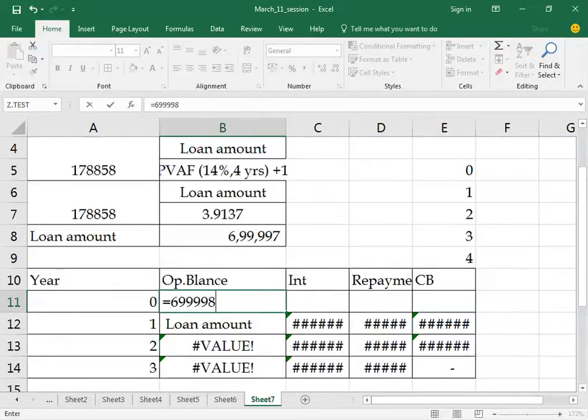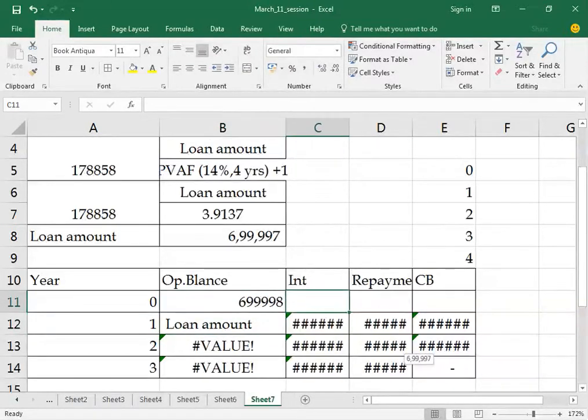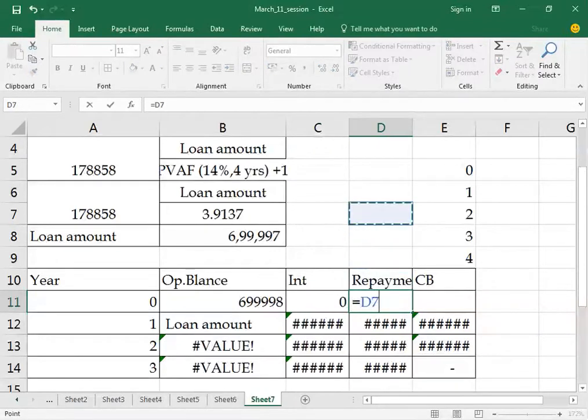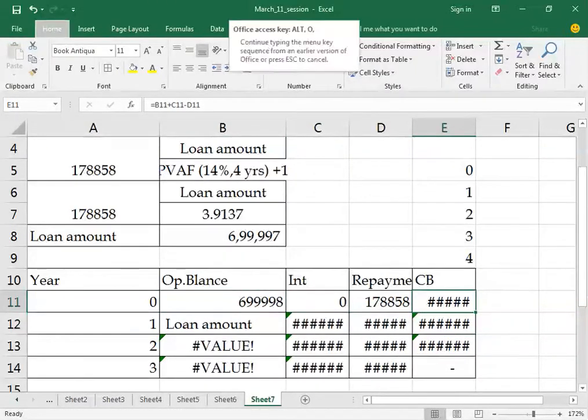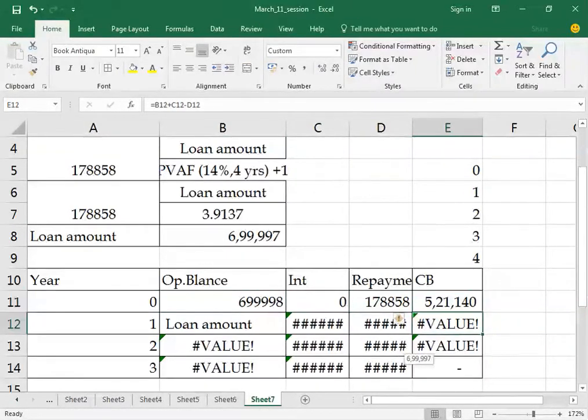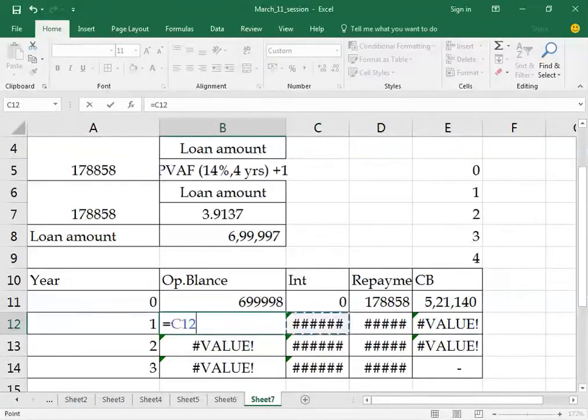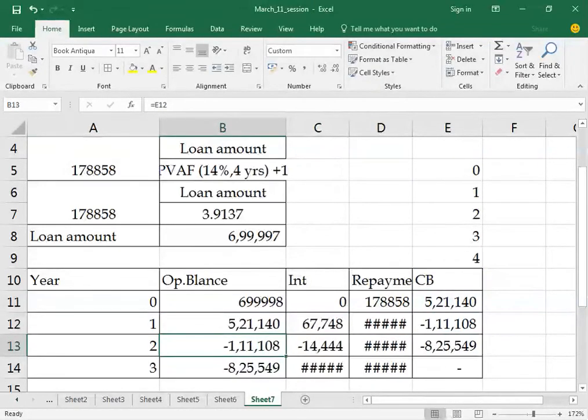That will be the cost of the asset. For a single day there is no interest, and immediately you pay the first principal, and I get my closing balance as 5,21,140, and thereafter it goes on like this.